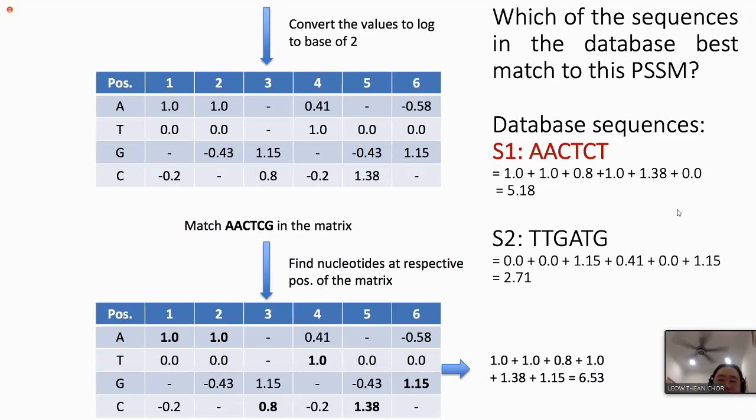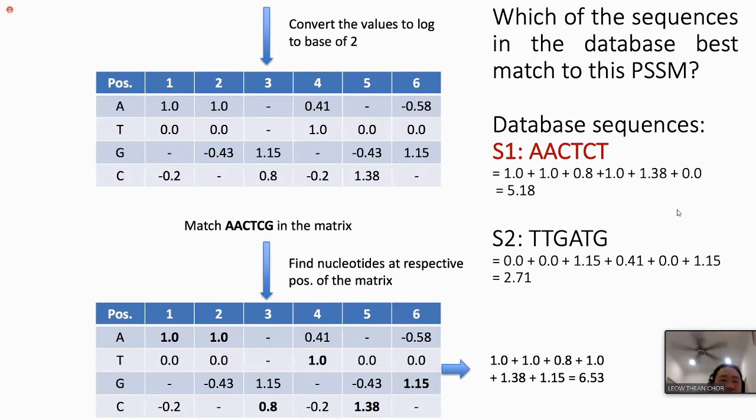Do you know how to construct the PSSM? For example, after you perform PSI-BLAST at iteration 1, you obtain a list of the sequences with significant e-value. These sequences will be aligned in the form of a multiple sequence alignment. You will perform multiple sequence alignment to align these sequences.